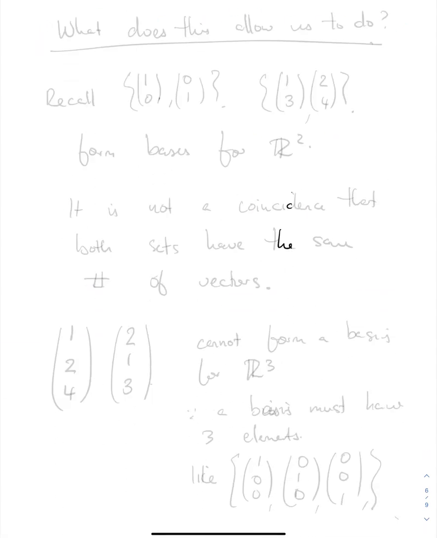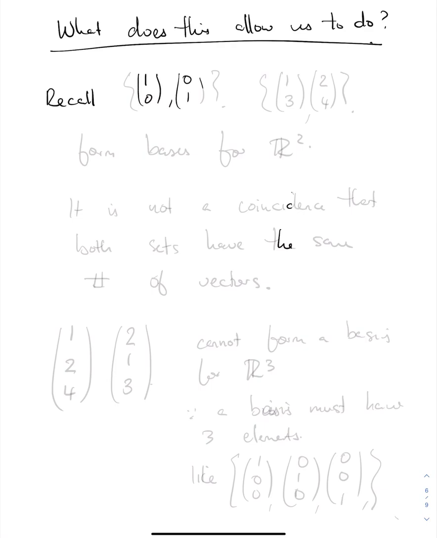Why is this useful? What does this allow us to do? Well, I want you to consider something. So (1, 0) and (0, 1) as a set. And then we also have (1, 3) and (2, 4) as a set. And we know that the first set is a basis for R2, the standard one, and the second set you proved was a basis for R2 last class.